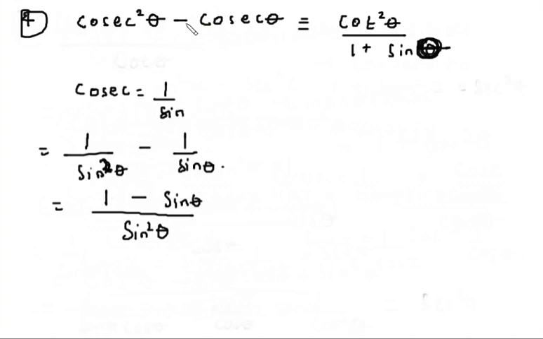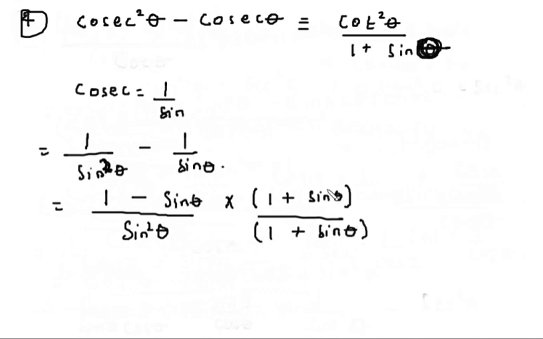Okay, so there's a step that you can use. We know that if we multiply 1 plus sine theta over 1 plus sine theta, dividing both of these by themselves, they equal 1. So multiplying the numerator and the denominator by it is still the same thing.